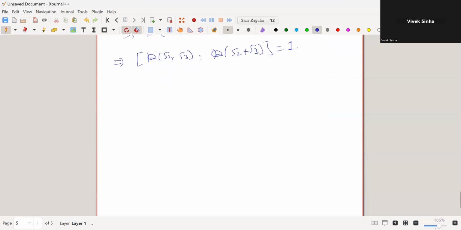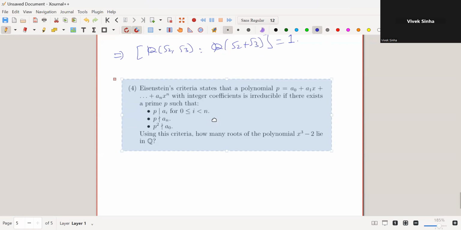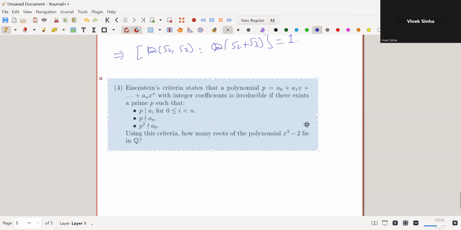So next question first defines the Eisenstein criterion, because it's an assignment one, and in week one we didn't see the Eisenstein criterion, so it first defines it and then asks us to find the roots of a polynomial. So let's revise it.